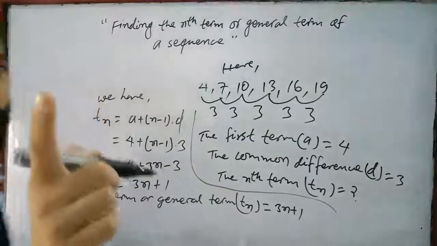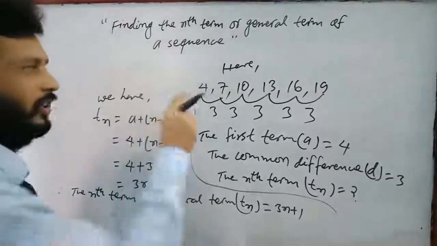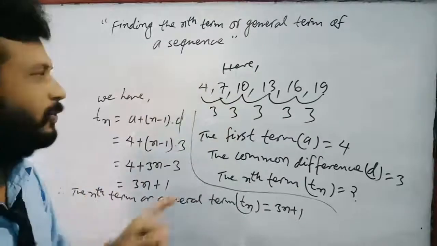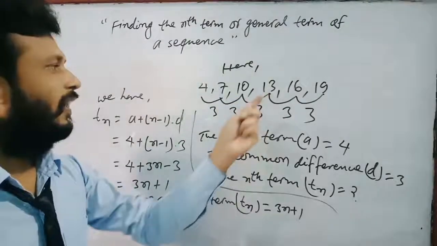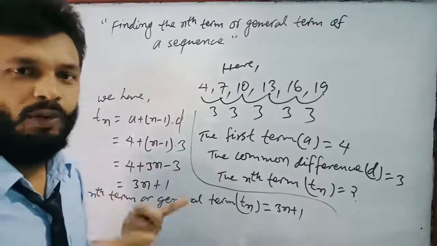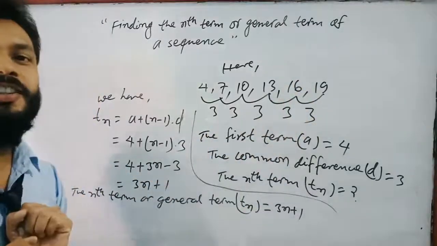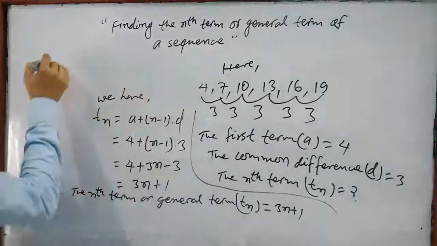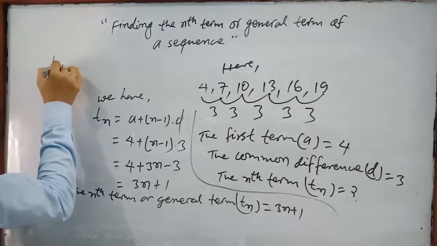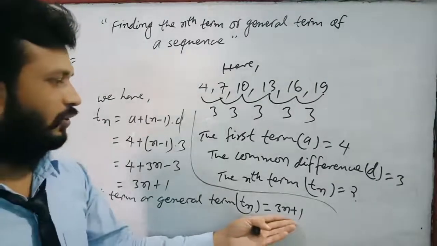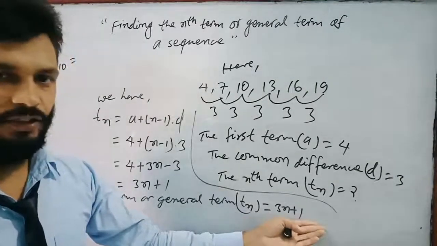Now 10th term, you know, the first term is denoted by T1, yes, the second term is denoted by T2, the third term is denoted by T3, the fourth term is denoted by T4, after that T5. In the same way, the 10th term is denoted by T10, so we have to find T10. Okay, here T10 equal to what? Given Tn equal to 3n plus 1, understood?